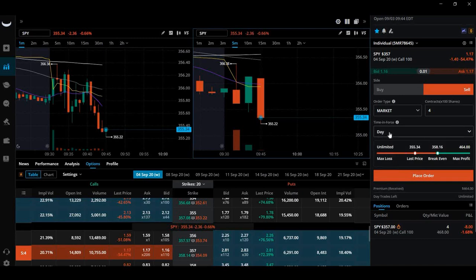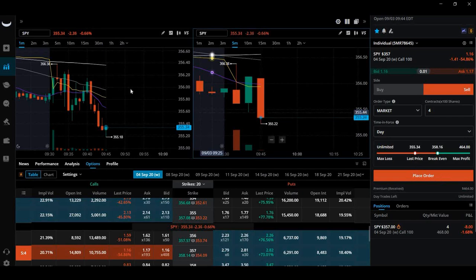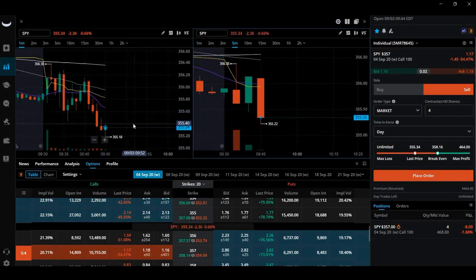So I did catch close to the bottom. And on the level 2, I really don't see any big resistance levels. There's not a lot of big sellers at any of these levels going up.